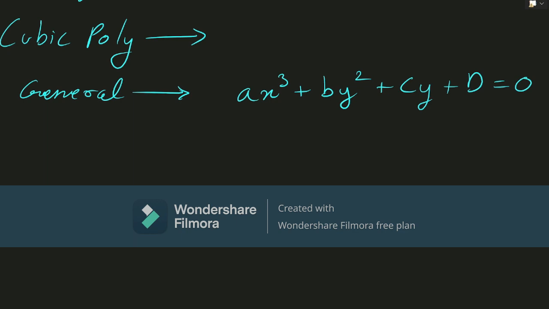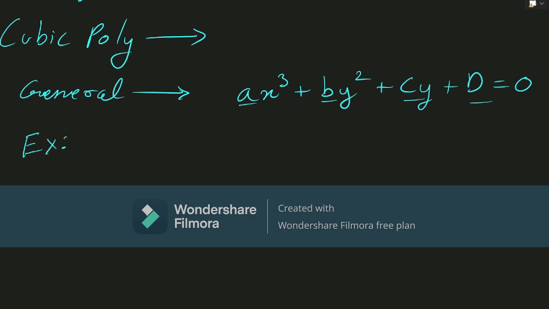Now I have just changed the coefficients. In your book they might have given something else, like A, B, C, D order. But the order is like that: first cube, then square, then 1, and then D, which has no degree, so it will be 0.